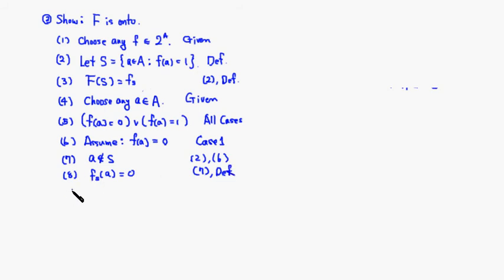And 9. All right, let's look at the other case. What if f of a, so assume that f of a happens to be 1? This is our case number 2. So 10, if f of a equals 1, then a belongs to that set, so a is in S. I'm using the definition of set S and the fact that f of a is 1.